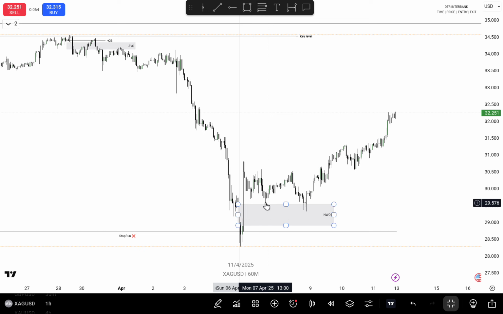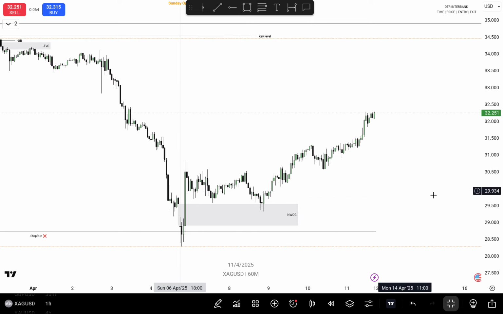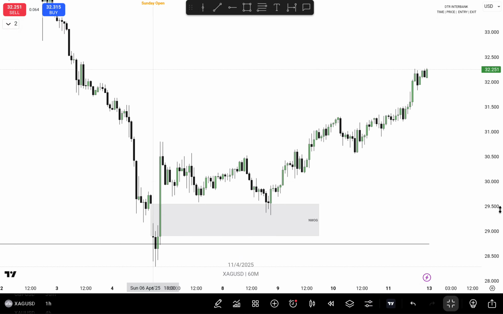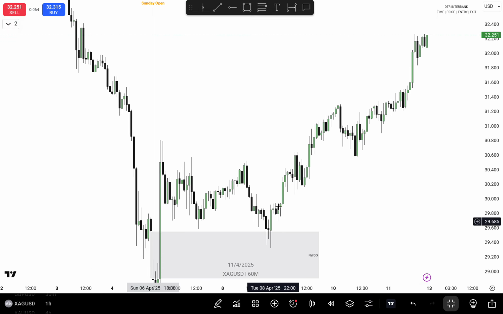So price took out the low before a high probability trade, and this happens around Tuesday 19 o'clock. So this is Wednesday around 12 a.m. We had a fair value gap, a minor, little fair value gap.